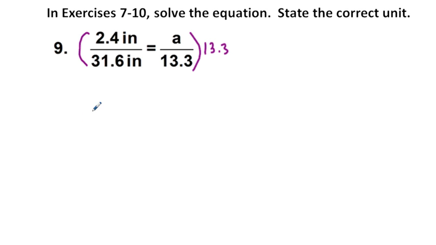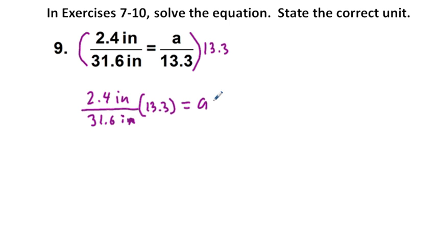So we're going to have 2.4 inches over 31.6 inches times 13.3 equals A times 13.3 over 13.3.